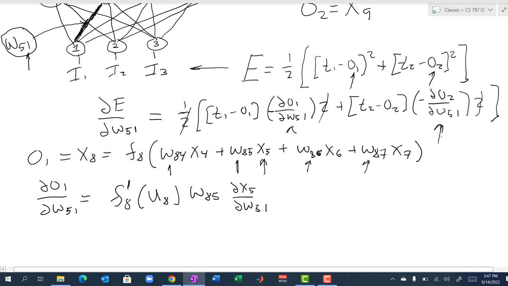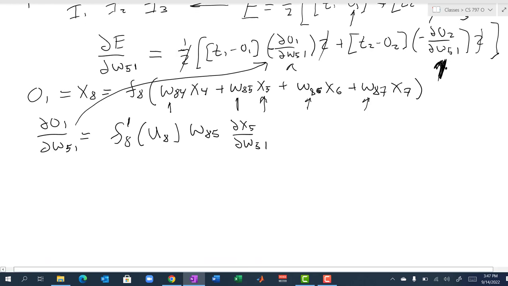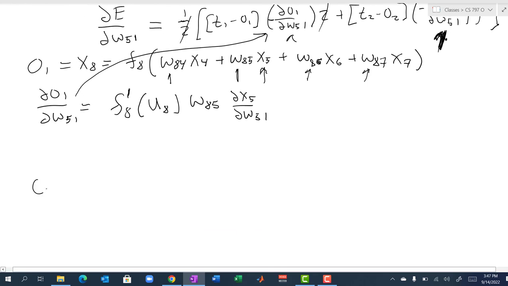Okay, we still need to do this derivative here. So let's do that one. We've got this that's going to substitute in up here. We still need to do some work on it. So let's leave some space here, but I want to continue on with O2 is x9. It's the activation function for neuron 9 times the weights going into it times the signals.